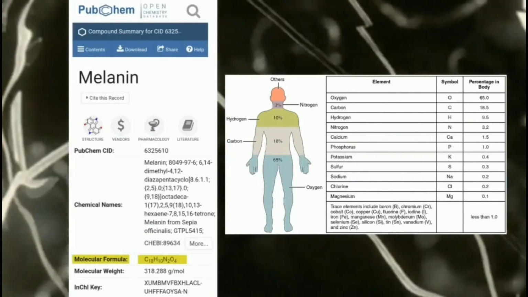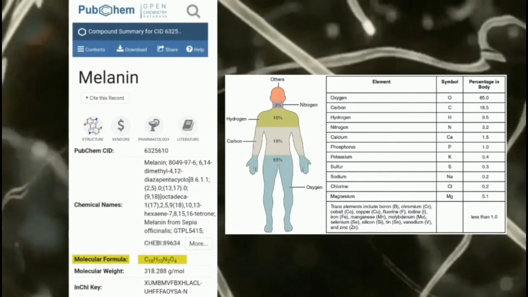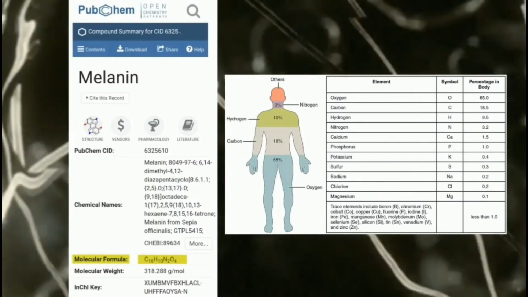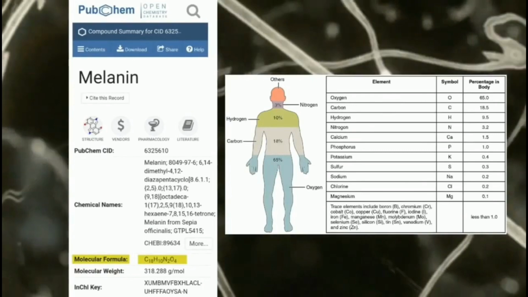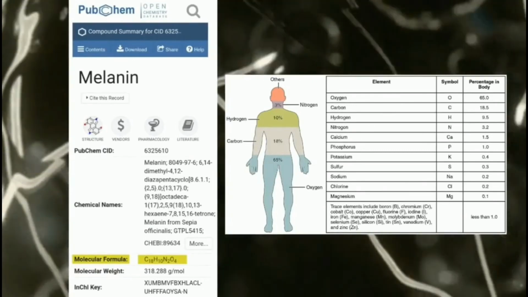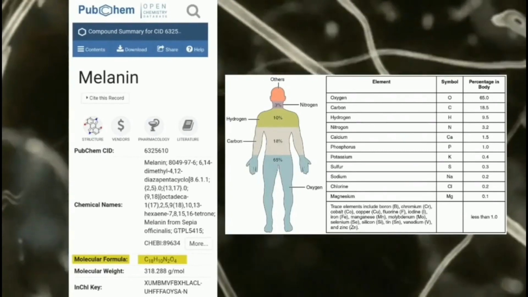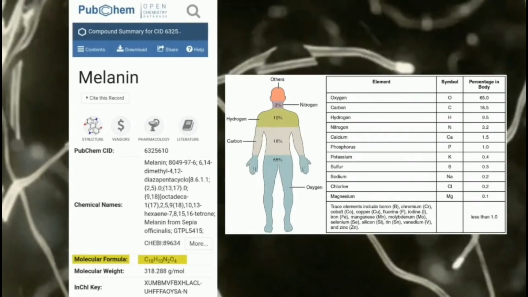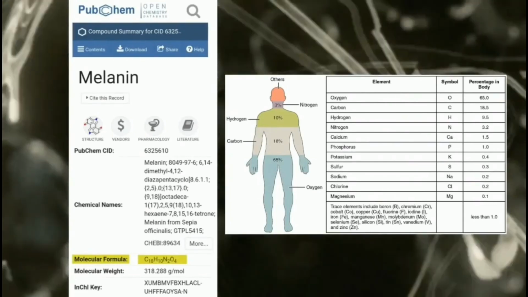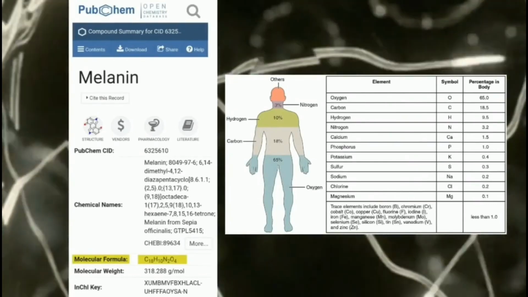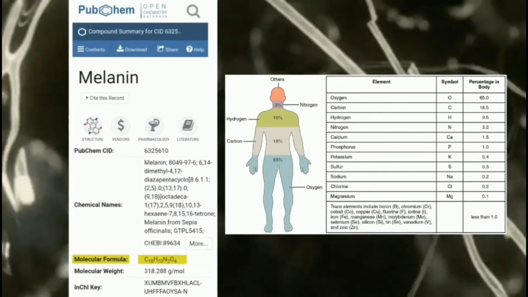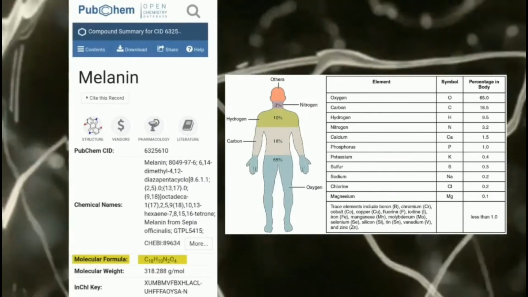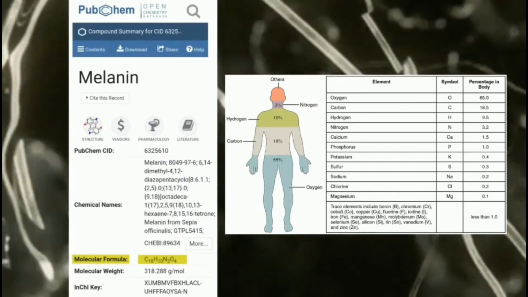So you would have to think that somebody possessing a high quantity of this stuff we call melanin, this dark black substance, would have to, by nature, be a more biologically advanced human being than a human being who doesn't necessarily possess this substance in as high a quantity.